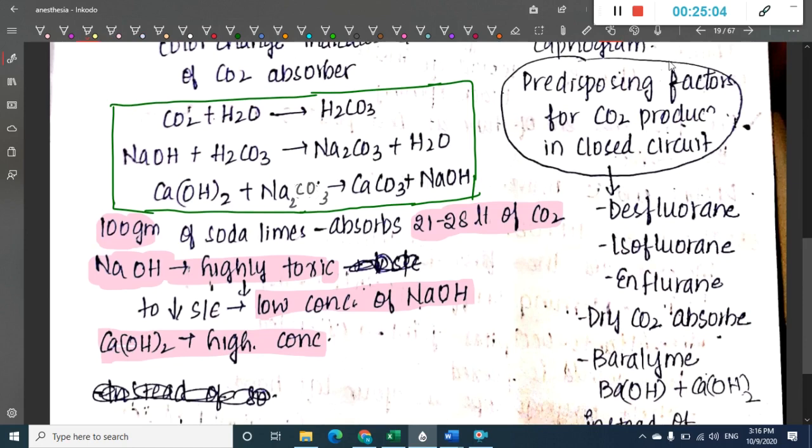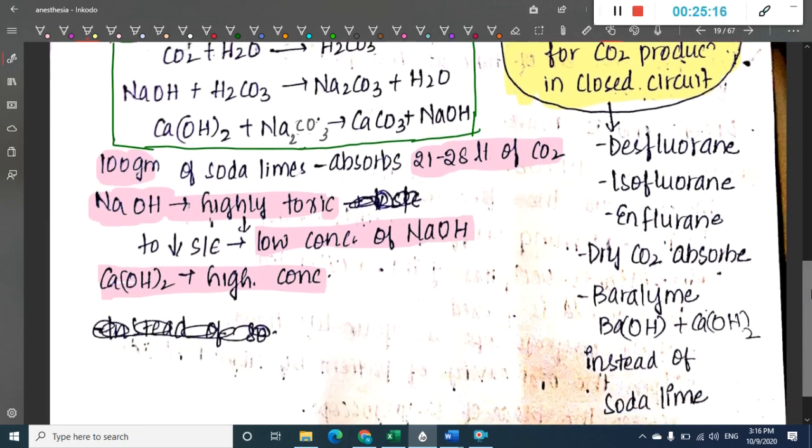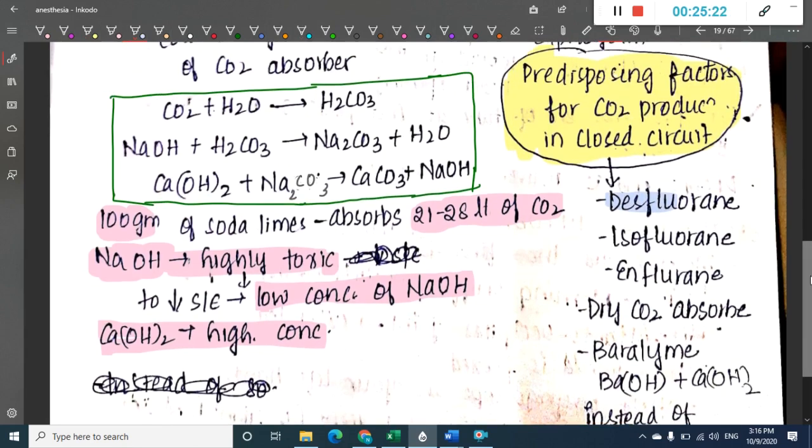Next, one more important one-liner: what are the predisposing factors for carbon monoxide production in a closed circuit? When will it occur? Whenever we use inhaled anesthetics like desflurane, isoflurane, or enflurane, there is increased predisposition for it to occur in a closed circuit.